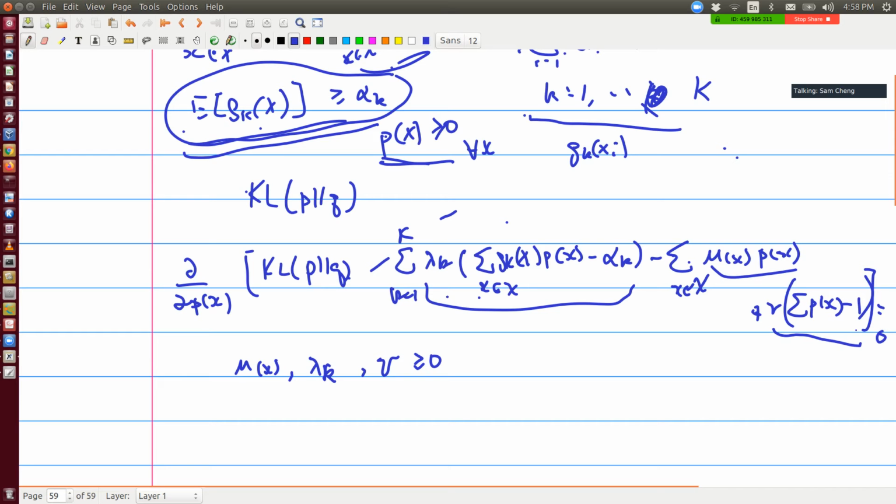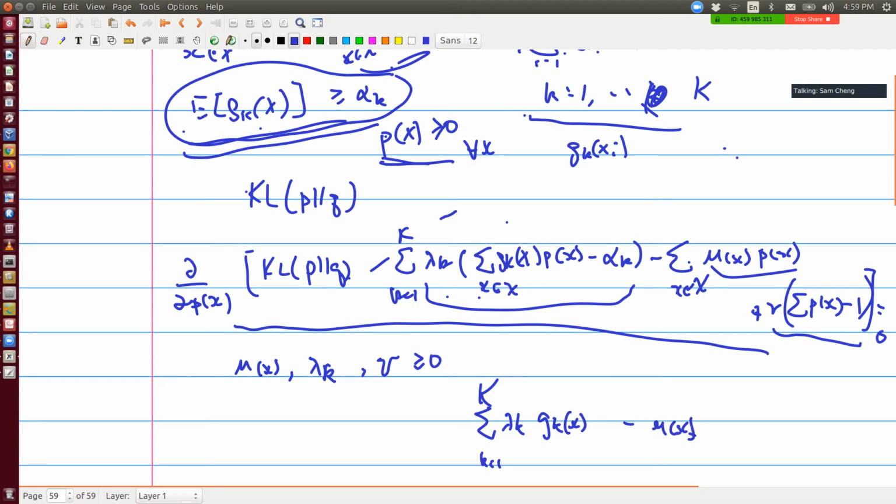If you take the derivative with respect to P(x) here, you are only left with the sum of lambda_k g_k(x) for k equal to 1 to K, and I have mu_x here, and some nu here, equal to 0.